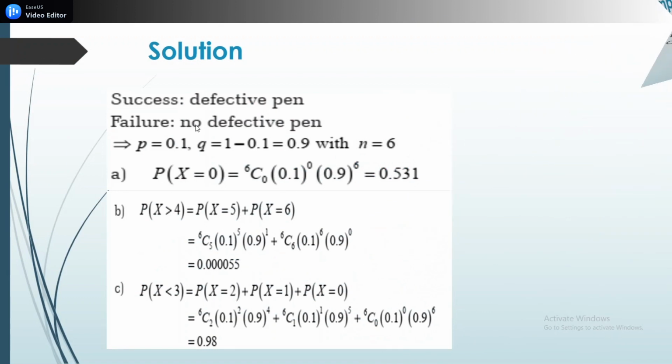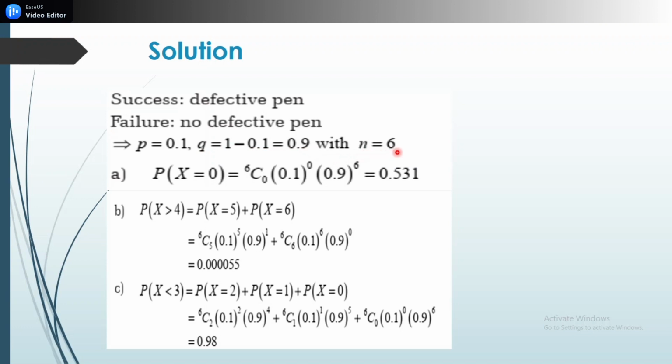Here the probability of success is to choose a defective pen. Failure is to choose no defective pen. The probability of choosing a defective pen, which is the success probability, is equal to 0.1. The probability of failure is 1 minus 0.1, which is equal to 0.9.